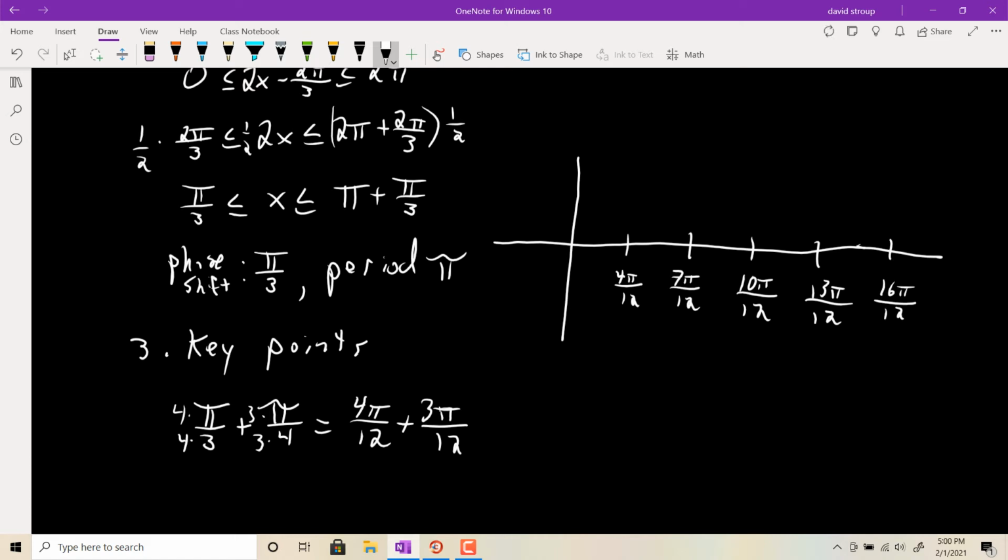Okay, and then get your key points. I think the amplitude was 4. So for one period, we're just doing this kind of picture. Okay, and then of course it goes on and on.